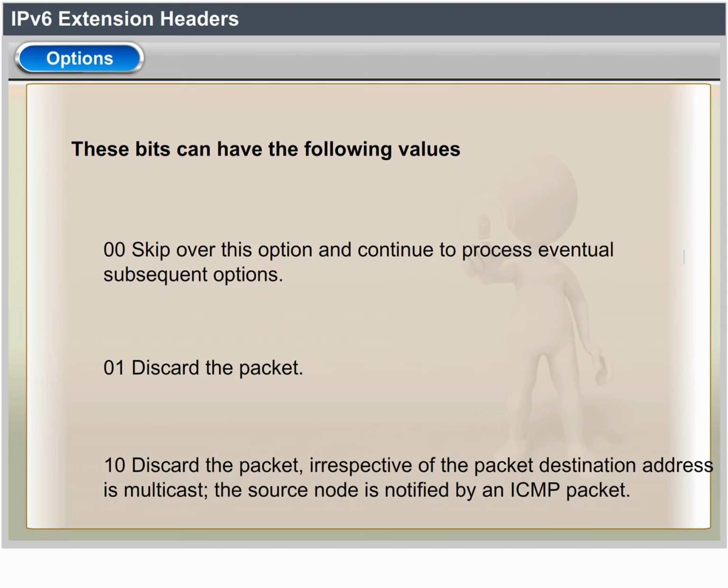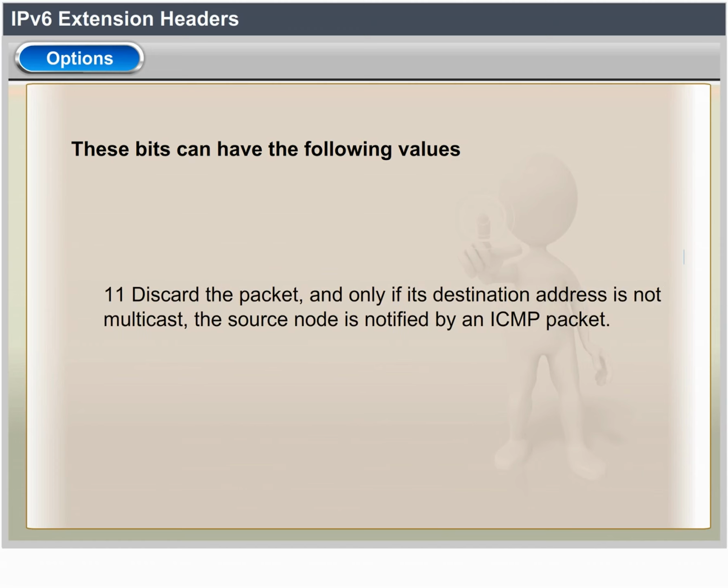The source node is notified by an ICMP packet. 11, discard the packet and only if its destination address is not multicast, the source node is notified by an ICMP packet.